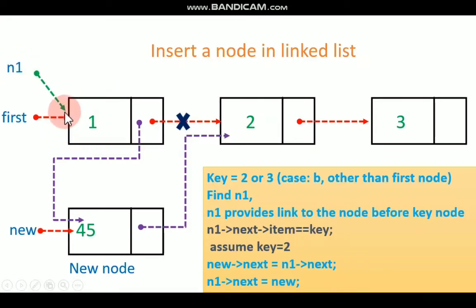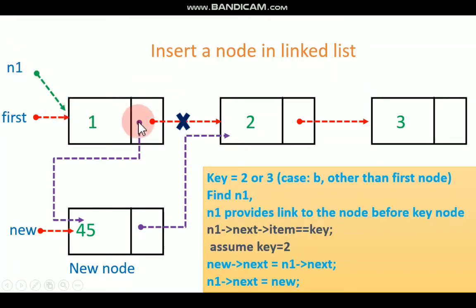Otherwise we will move n1 forward: n1 is equal to n1 arrow next. First we point n1 to the beginning of the list, and then we want this condition to be satisfied. For key value 2, n1 arrow next arrow item is equal to key is satisfied here.